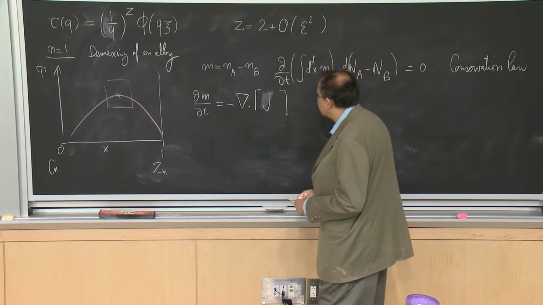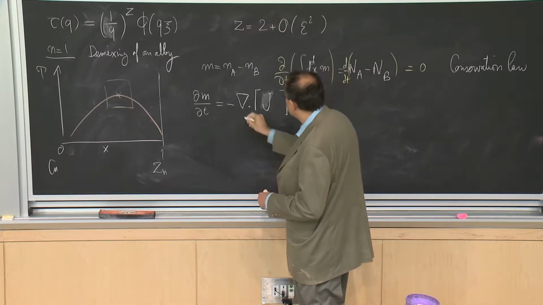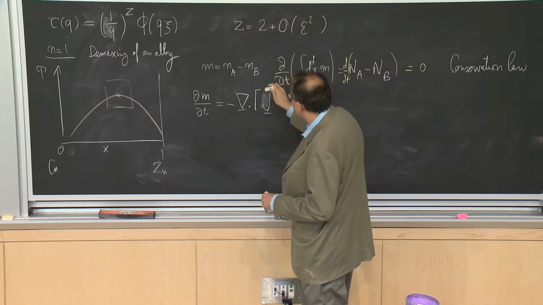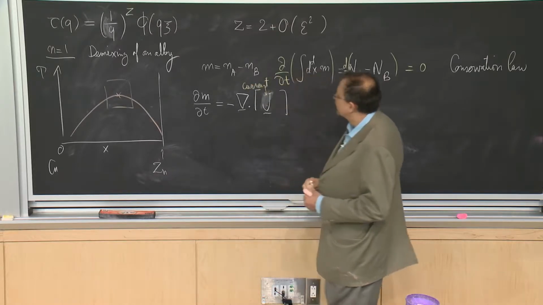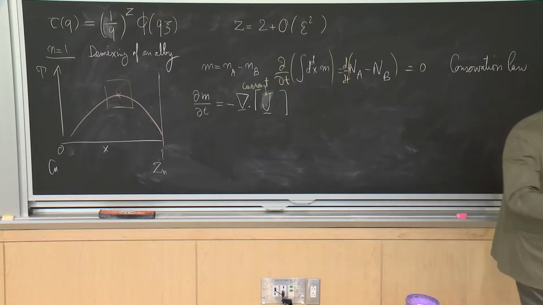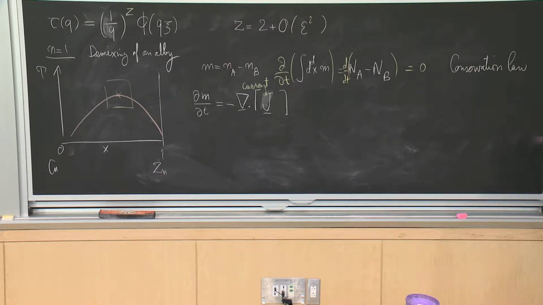So this J is some kind of a current. These would be vectors. This is a current of the particles moving into the system.